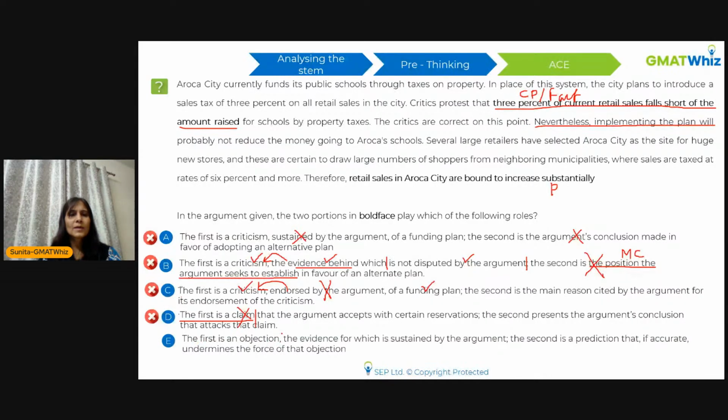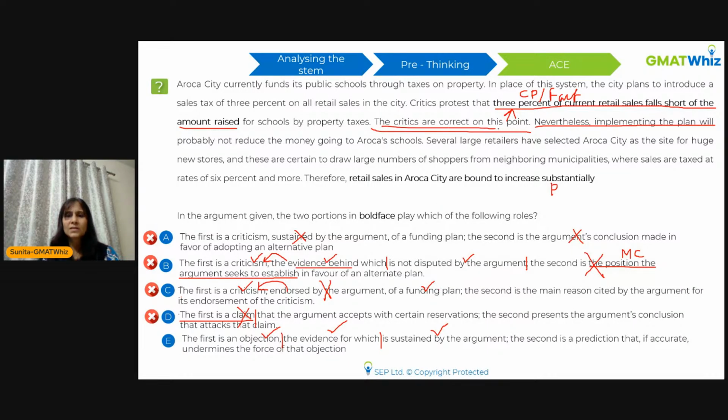The first is an objection. Is it an objection? Well, it is a part of the criticism or objection, so I can call it an objection. The evidence for which, again, this sentence is supporting this, so the author is calling it correct, so the evidence is being sustained.